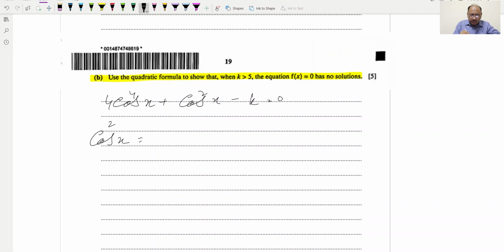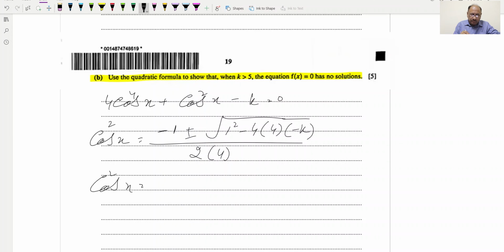So cos square x will be equal to minus b, which is minus 1, plus minus the square root of b square, which is 1 squared, minus 4, where a is 4 and c is minus k, all over 2a, so 2 into 4, which is 8. So cos square x will be equal to minus 1 plus minus the square root of 1 plus 16k, over 8.